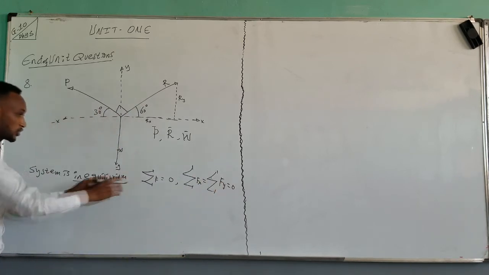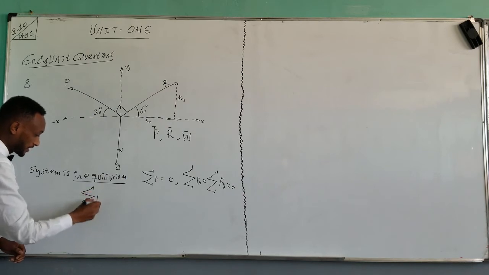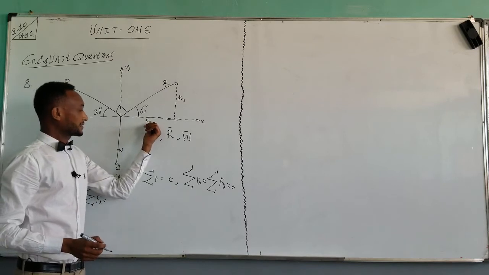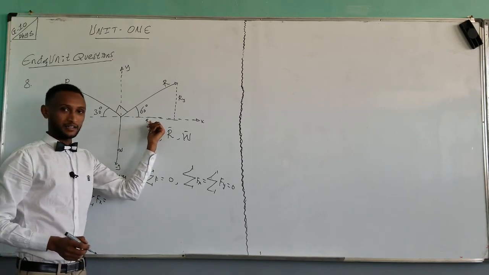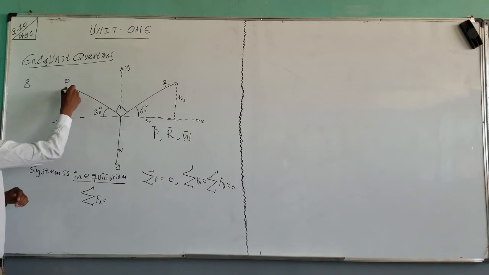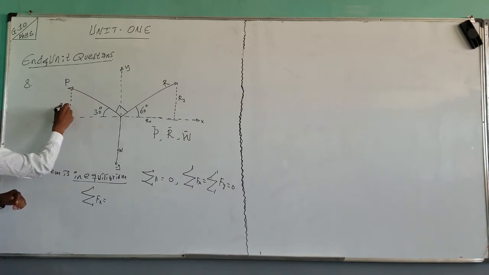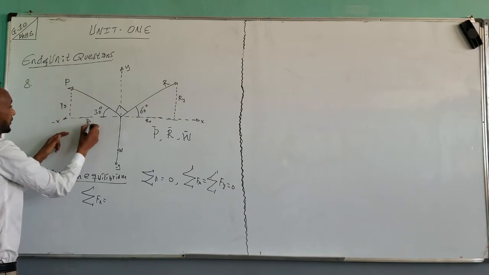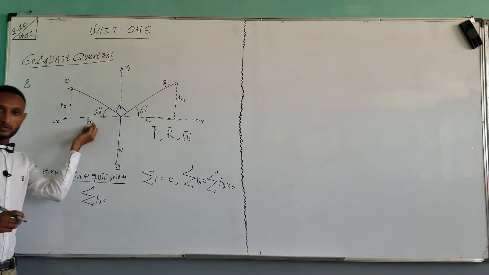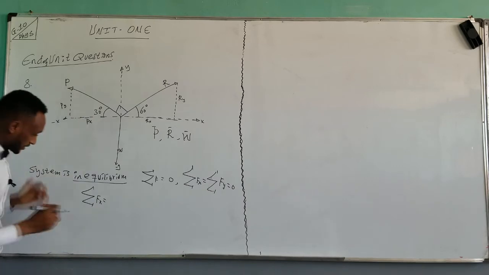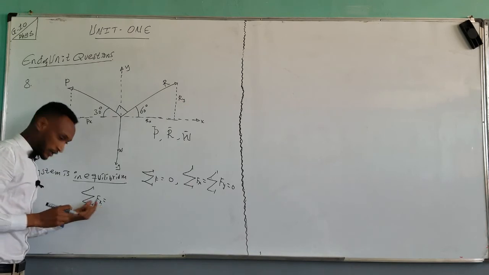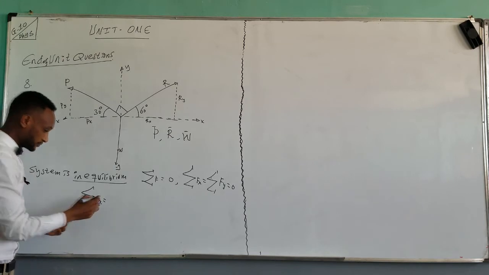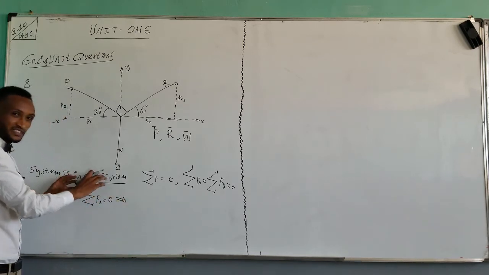If you take the net force in the horizontal component, you have the horizontal component Rx, and also here we have the Py, that means the vertical component of vector P, and also here there is a Px, that means the horizontal component of vector P. The summation of forces in the horizontal component must be zero for the system to be in equilibrium.